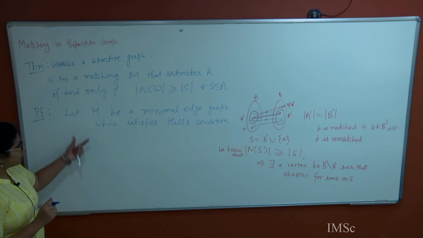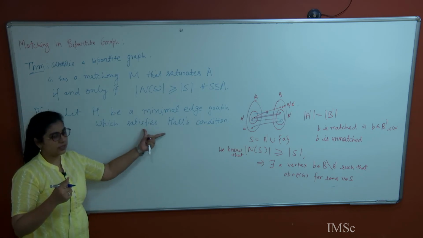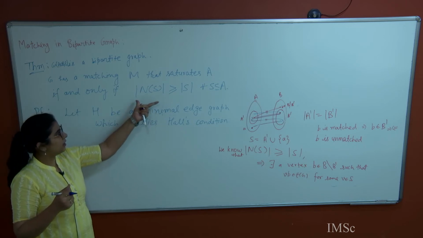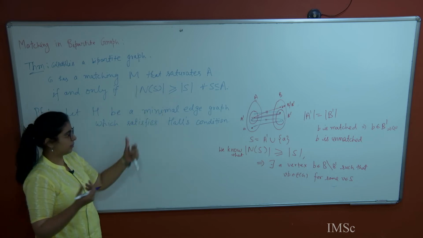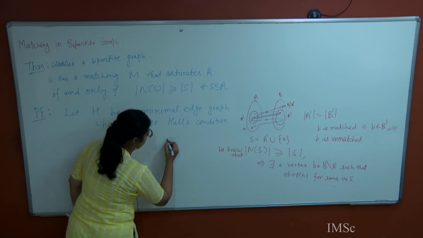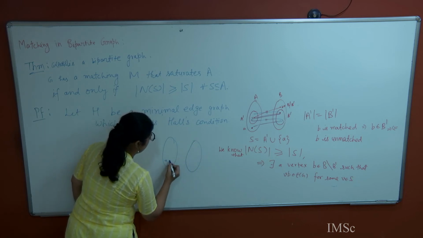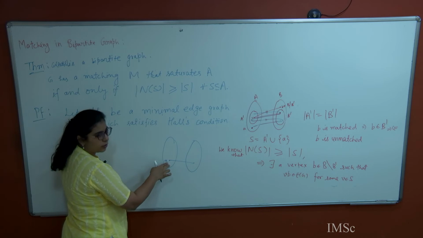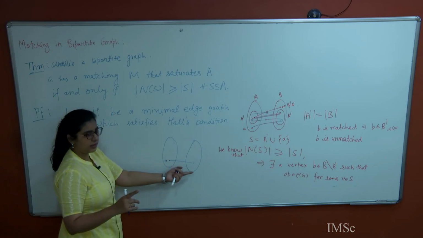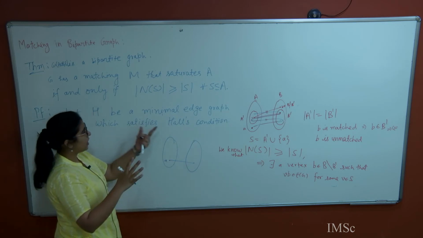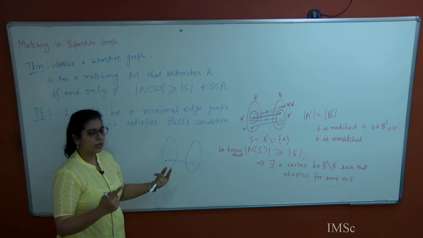So, what can we say about this graph? If it is a minimal edge graph which satisfies this condition, then you have some vertex in A, and according to Hall's condition it has at least one neighbor. But because I am taking a minimal edge graph, in that graph it should have only one neighbor.